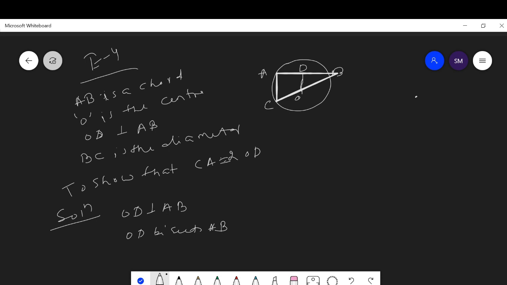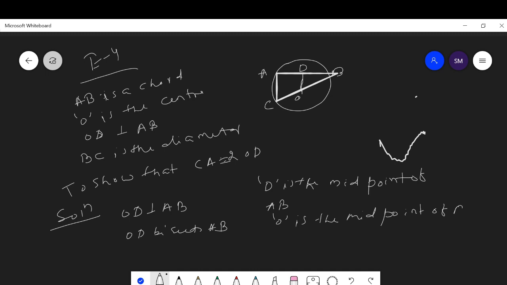Then look at here. Here D is the midpoint of AB, and O is the midpoint of BC.